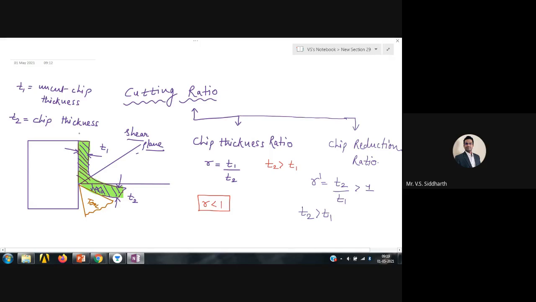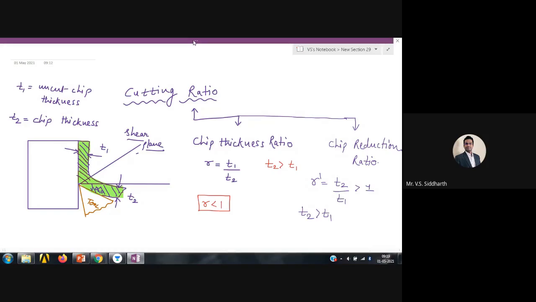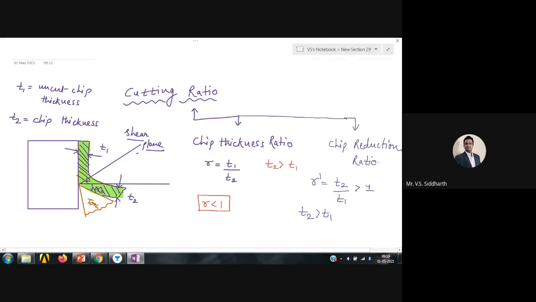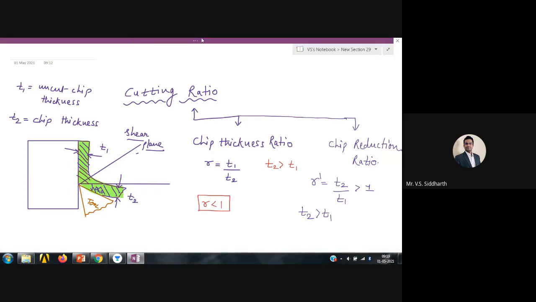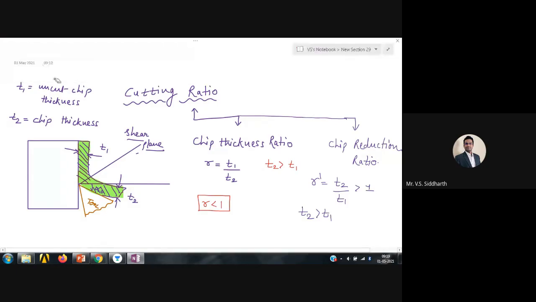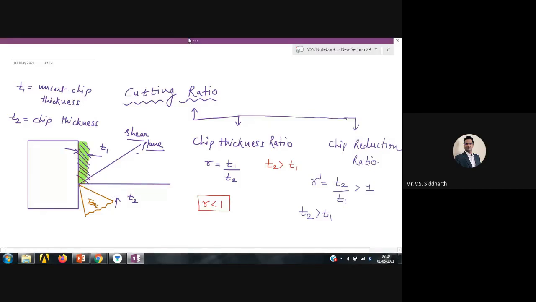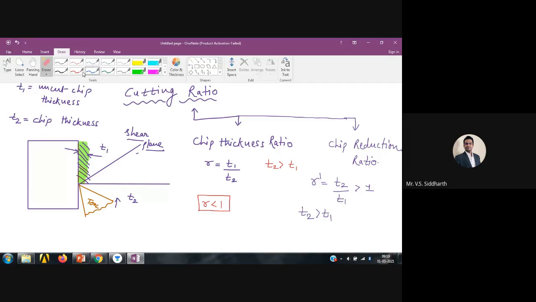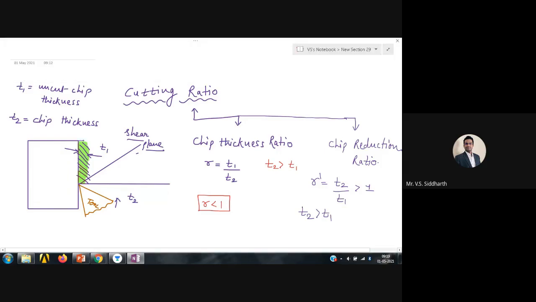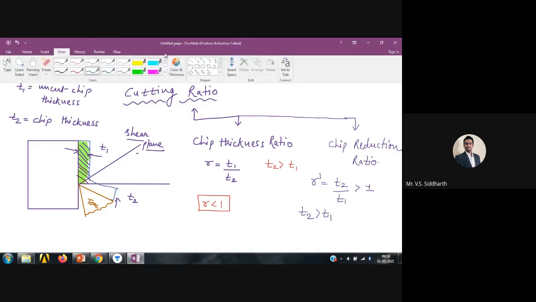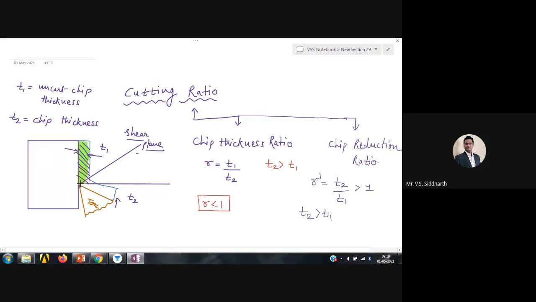Explain. Good. See, yesterday itself I told you how continuous chips are formed. If I want to show formation of continuous chips here, then how can I show that? Continuous chips are formed by the shearing action along the shear plane.